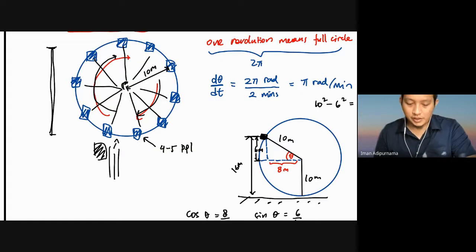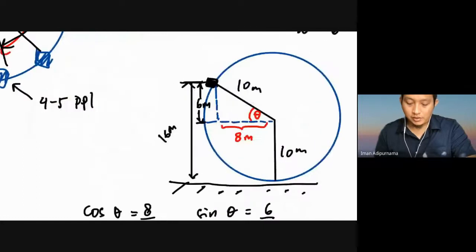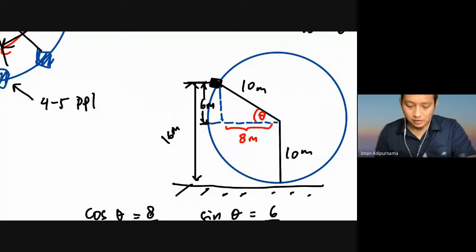So the question is actually asking how fast is a rider rising when his seat is 16 meters. Let me write this in h first, so you understand what the question is. So this is h. We are actually looking for dh dt, at h equals 6.